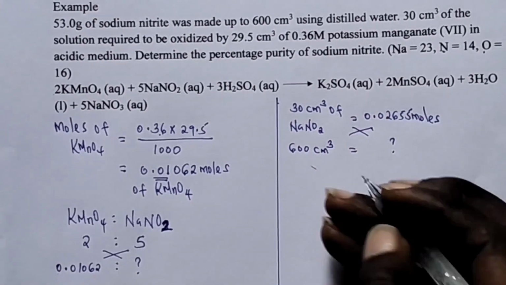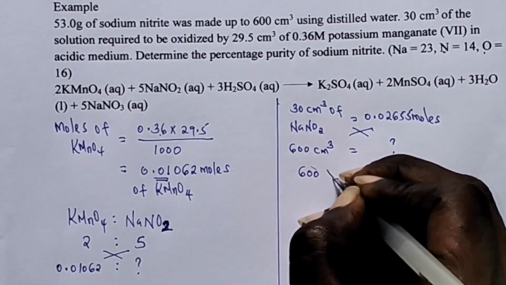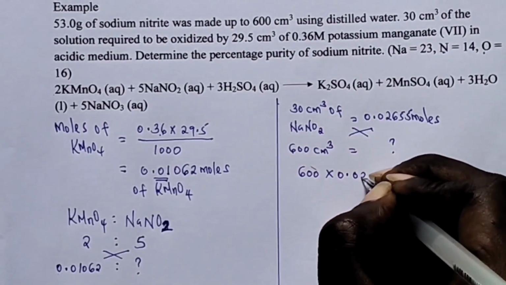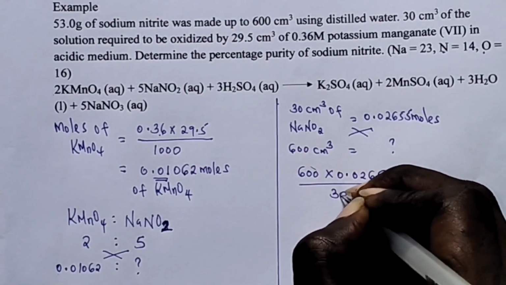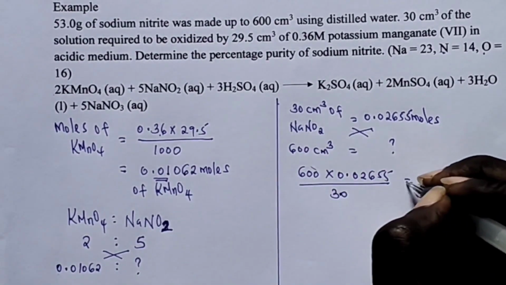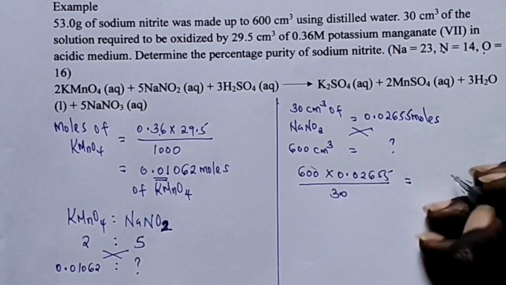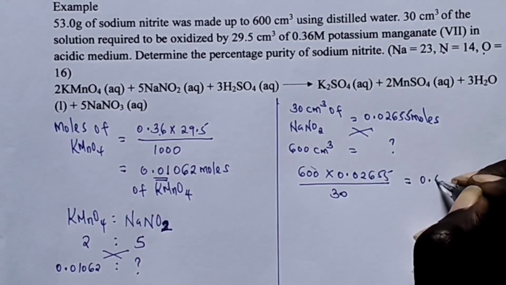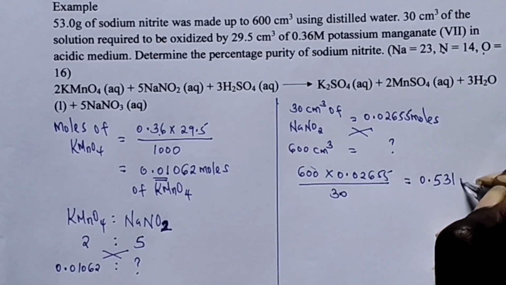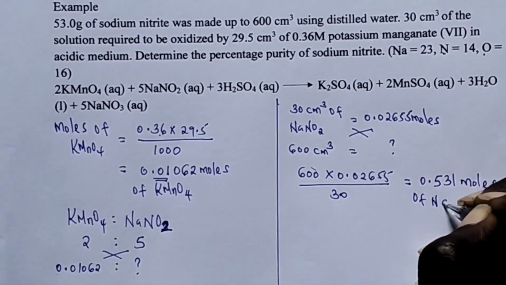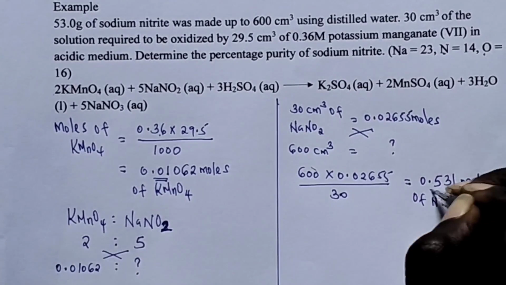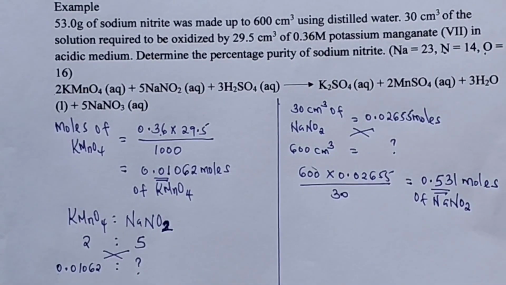So we multiply 600 by 0.02655, then divide by 30. Here we get 0.531 moles of sodium nitrite.